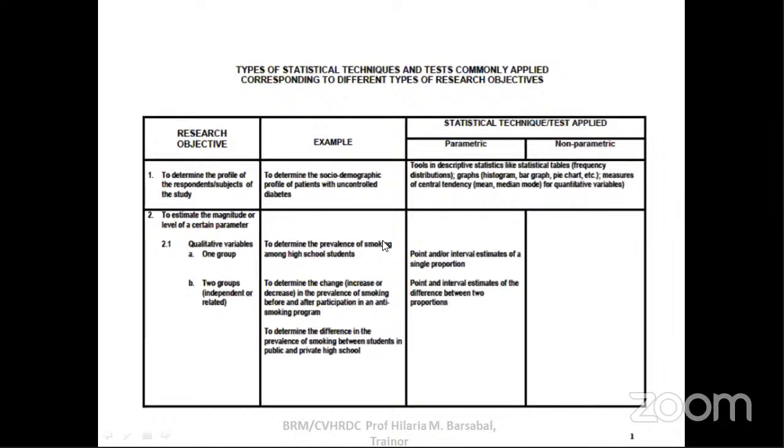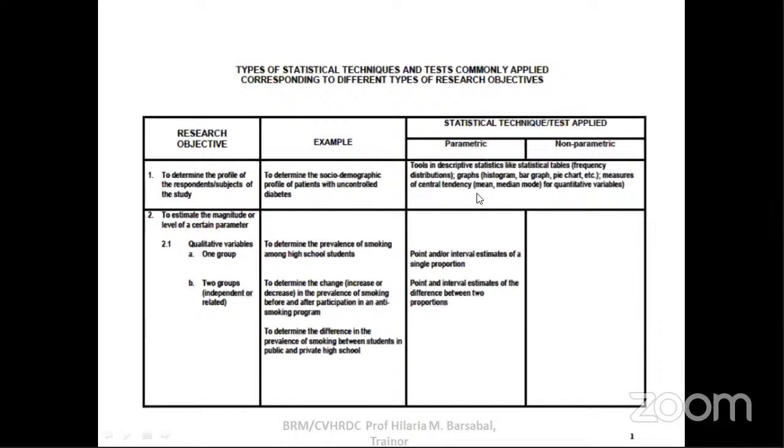Histogram, and so on. But if your objective is to estimate the magnitude or level of a certain parameter now, and you are coming up with a qualitative variable with just one group. So your objective now is to determine the prevalence of smoking among high school students.